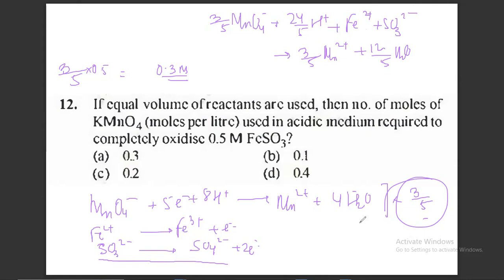Okay, how I'm writing here 2 by 5 times, because multiply this 2, which is 12 by 5 times water, plus bring down whatever that is on the right side, it gives your product.